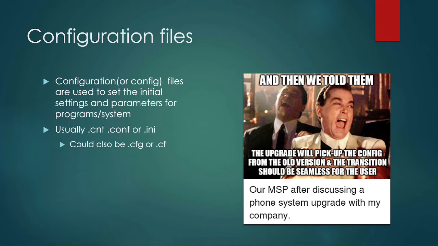Those are the most common. These config files are basically a way that we're able to say, this is how this program is set up by default. And if we want to make any changes to how the program is set up, we would be able to make those changes in the config file.